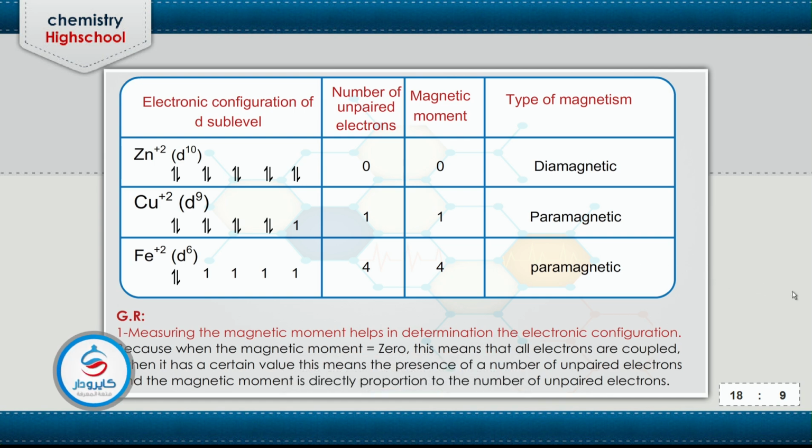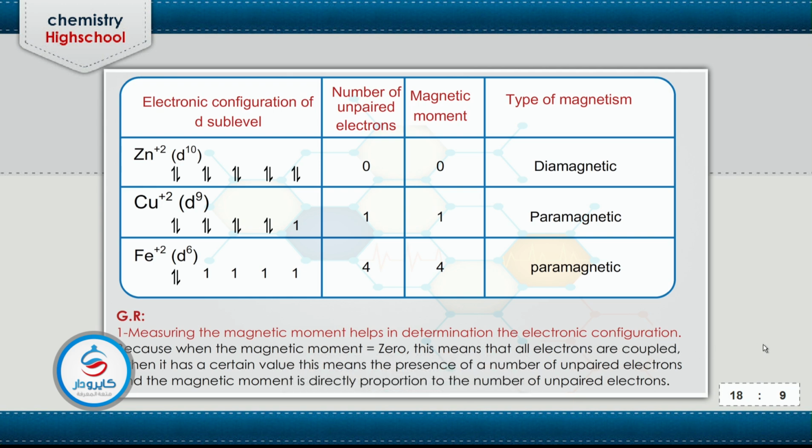Here, a question: give reason. Measuring the magnetic moment helps in determination of the electronic configuration. The answer: because when the magnetic moment equals 0, this means that all electrons are coupled.